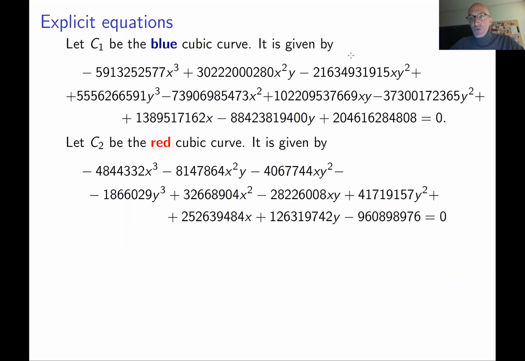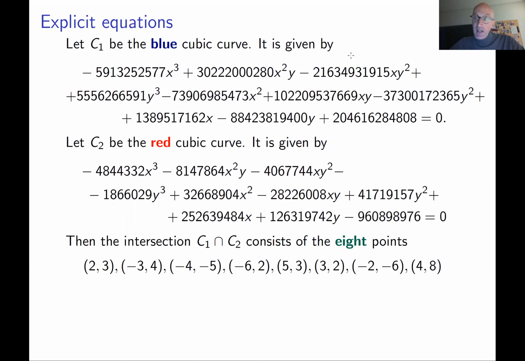But fortunately, we have some computer algebra packages like Maple or MATLAB or Python, which can help you with all these computations. So, for example, I can find the intersection of these two curves. How? You can do it by hand with some tricks, or you can use, for example, Maple or Python.